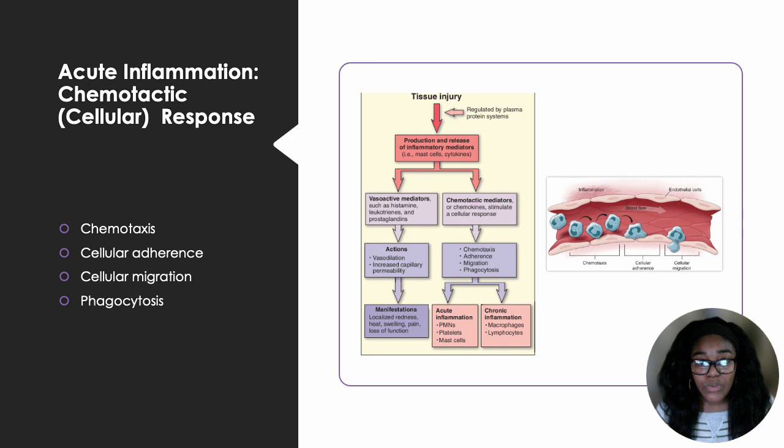So the difference is that with acute inflammation, at the cellular level we have PMNs, platelets, and mast cells going to that site of injury, whereas with chronic inflammation, we see macrophages and lymphocytes. But the process by which they travel there is essentially the same. We have that chemotaxis, adherence, migration, and phagocytosis.